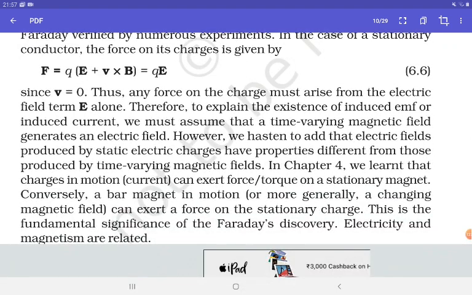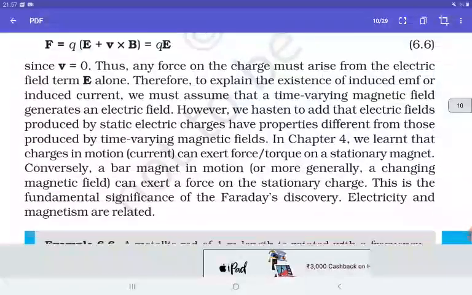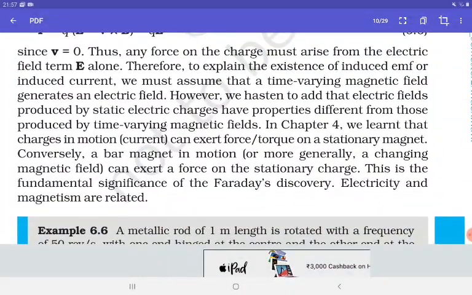Since v equals 0, any force on the charge must arise from the electric field term E alone. Therefore, to explain the existence of induced EMF or induced current, we must assume that a time-varying magnetic field generates an electric field. However, we hasten to add that electric fields produced by static electric charges have properties different from those produced by time-varying magnetic fields.